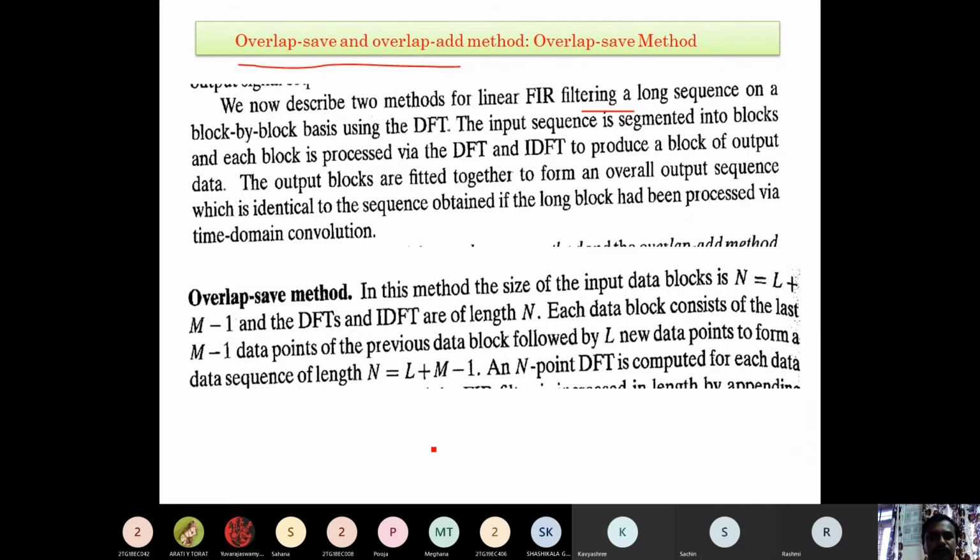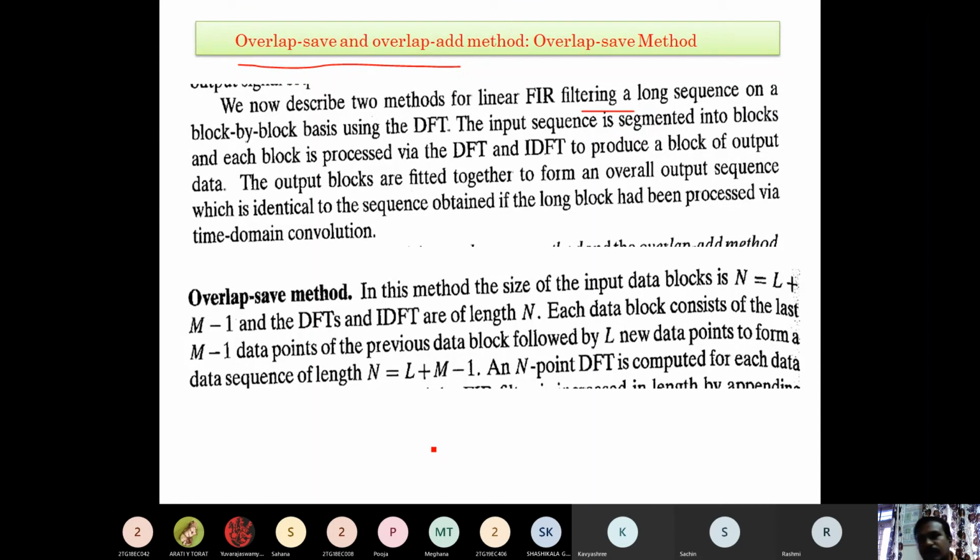Suppose you have 10 blocks and a 1000 length signal is coming. You send 100 length to the first block, the next 100 to the second block, the next 100 to the third block. All 10 blocks perform their respective tasks at the same time. So the complete DFT and IDFT happens in one second with the help of 10 segmented blocks.